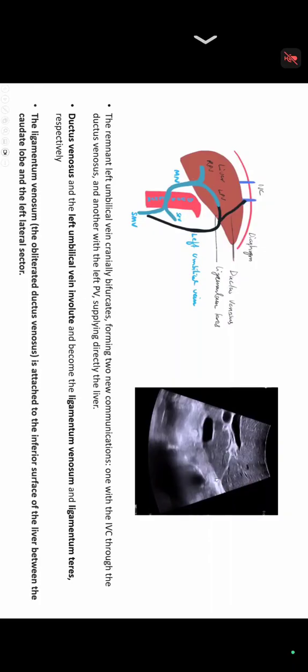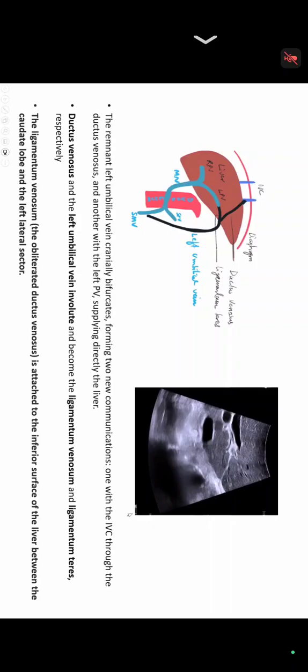This is the ductus venosus, which is a remnant of the umbilical vein. One end is connected to the portal vein at the junction of the horizontal and vertical portion, and the other end is connected to the IVC at the junction of the middle and the left hepatic vein.